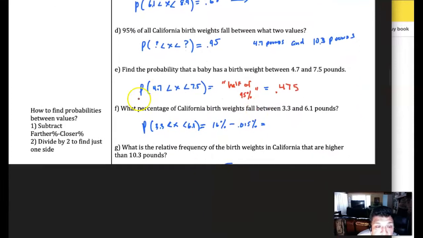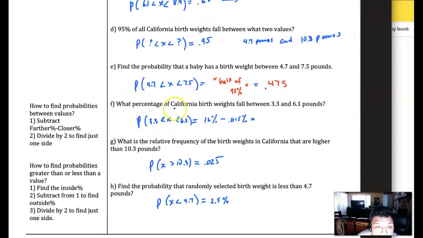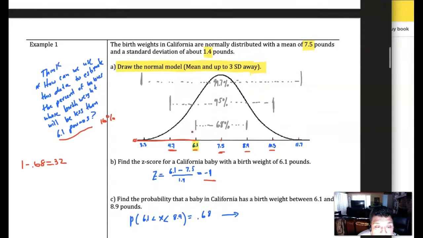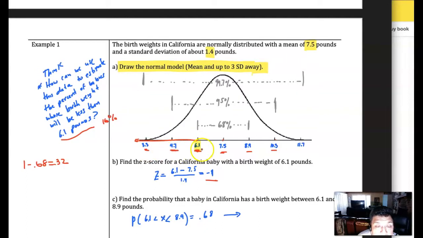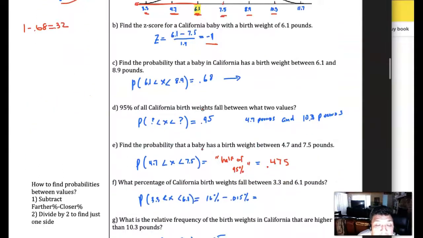And then what percentage would fall, what relative frequency, between 3.3 and 6.1? 3.3 here, and 6.1. So again, another kind of thing to have to think about. You might want to pause and try to figure that out before looking at the answer. I'll give you a second to pause, and then we go ahead and look here.